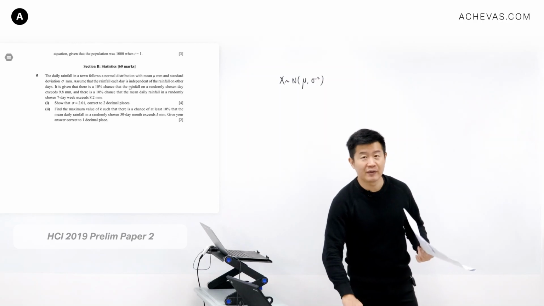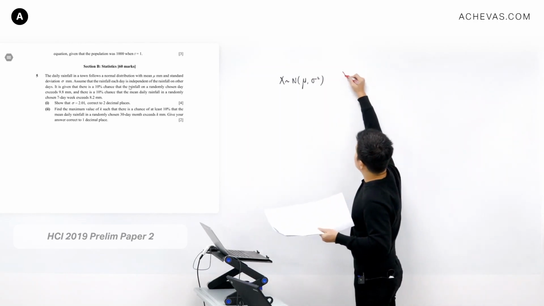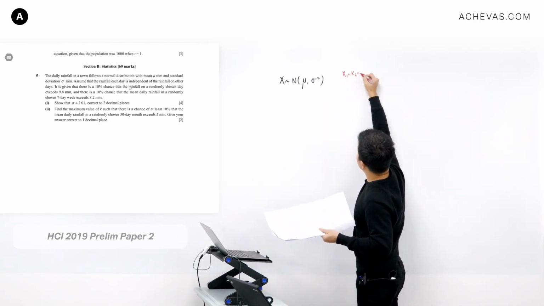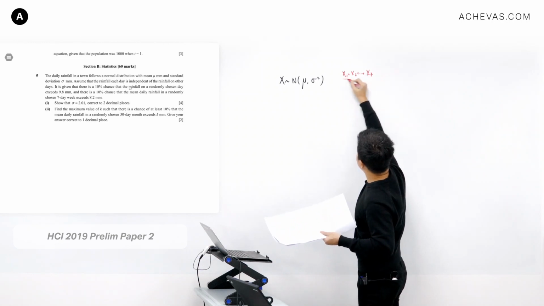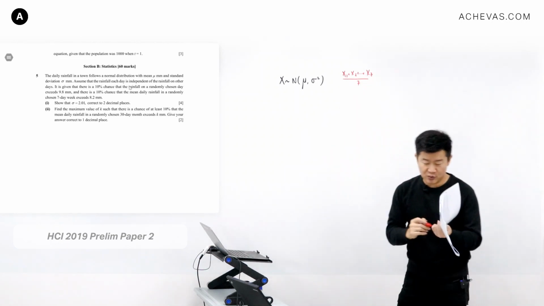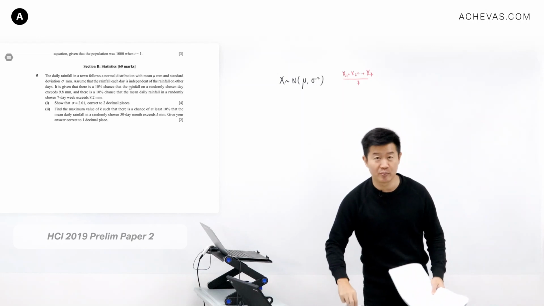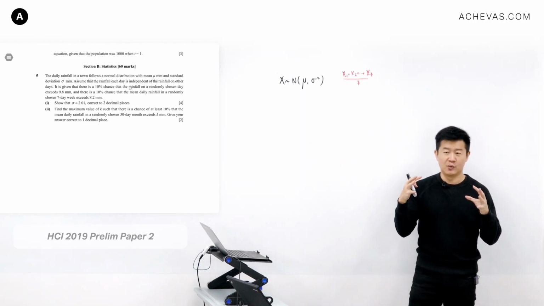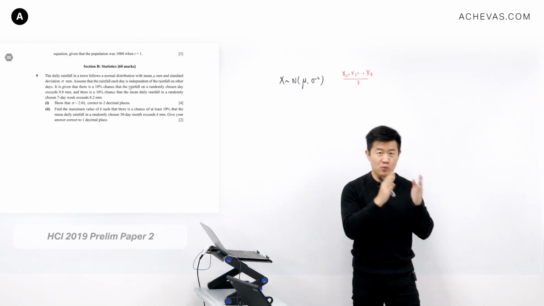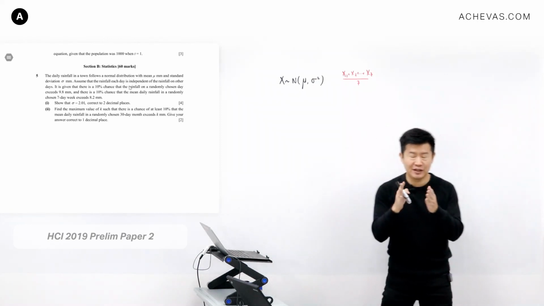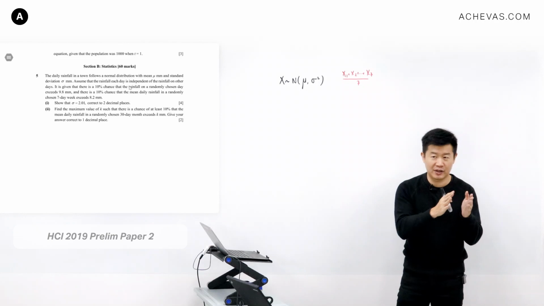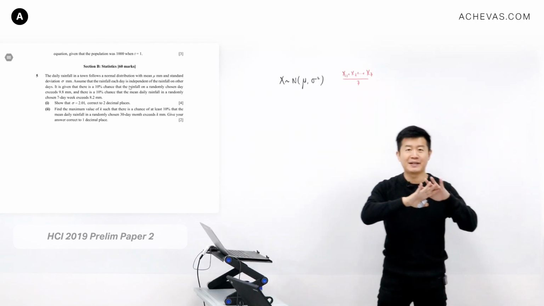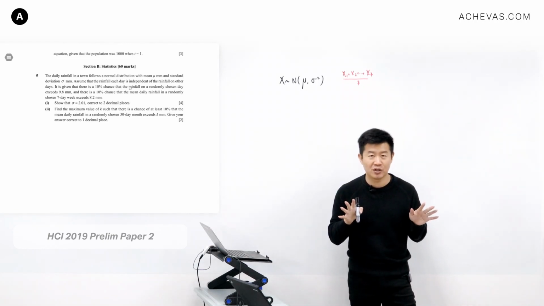Mean rainfall of 7 days requires us to do x1 plus x2 plus all the way until x7 divided by 7. And because we are trying to do a linear combination, whenever we do linear combination, regardless of whether you are adding x to y or you are just adding different x together, x1, x2, x3, they must all be independent of each other.